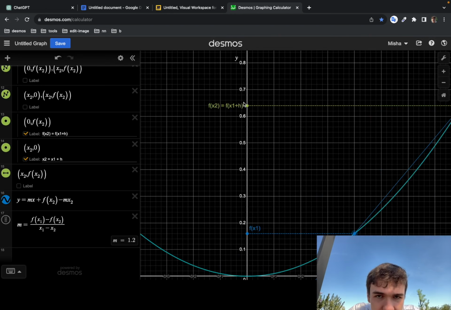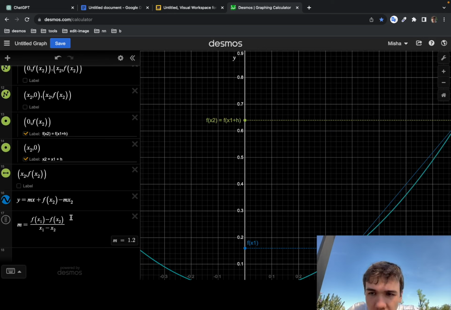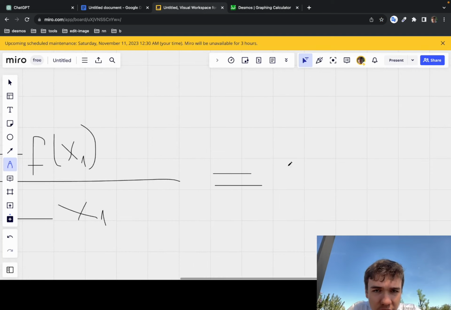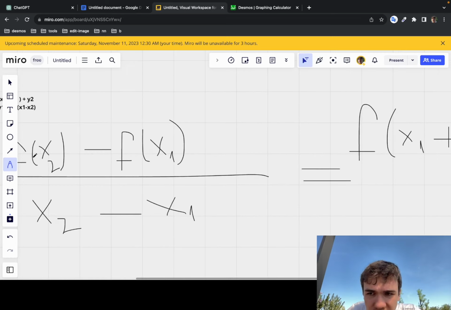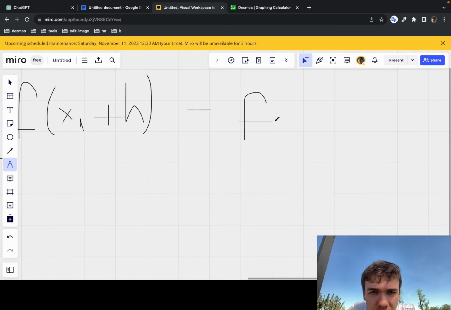I made it incorrectly here, so sorry for that. Now this is correct, so we rewrite this as f of x1 plus h. This is basically the same as f of x2, and then minus f of x1.